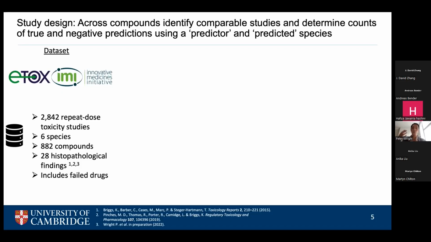Now, the actual toxicity signals that I was using in the present study are 28 histological findings that study toxicologists observed or didn't observe in those studies. And they designated these as either treatment-related or not treatment-related. So I'm going to be looking at the predictivity of treatment-related findings for treatment-related findings and the flip side. And importantly, the data set includes drugs that failed in clinical trials. So the results could be more relevant for new candidate drugs, products testing new candidate drugs.